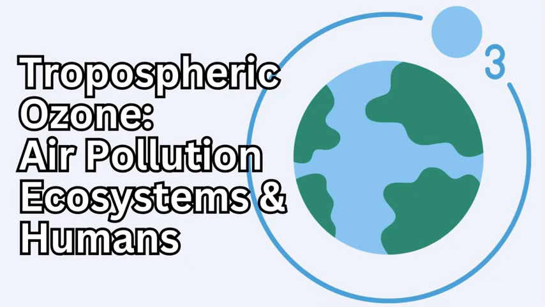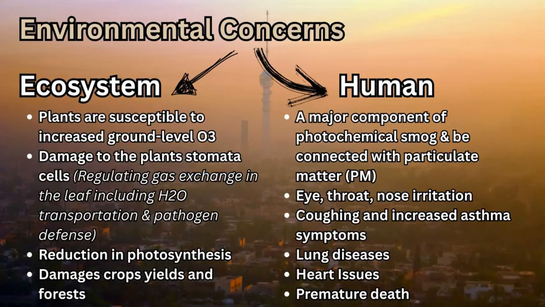The effect of tropospheric ozone on both the ecosystem and humans. Tropospheric ozone, or ground level ozone, is no different to other air pollutants present in our troposphere and around our urbanized areas, and it can affect both humans in the area and also the ecosystem.